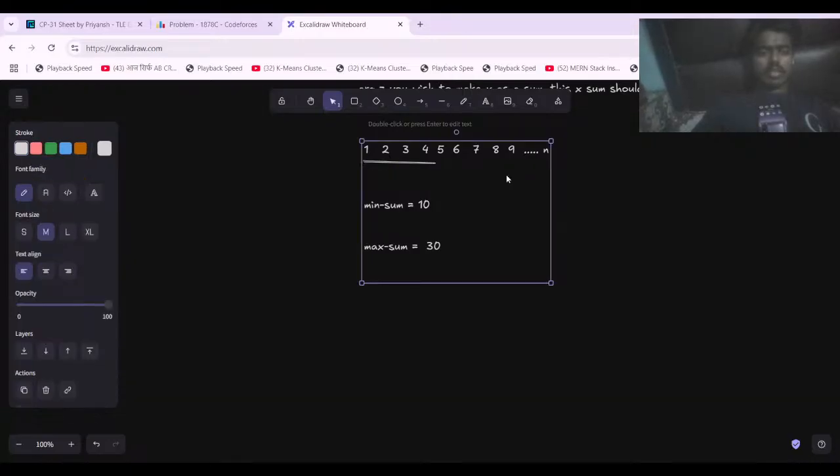To create a sum of 11 rather than 10, since I want one added value to 10, I can just not utilize this 4, and instead utilize 5, right?